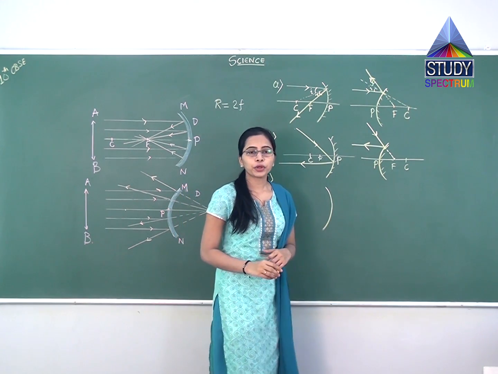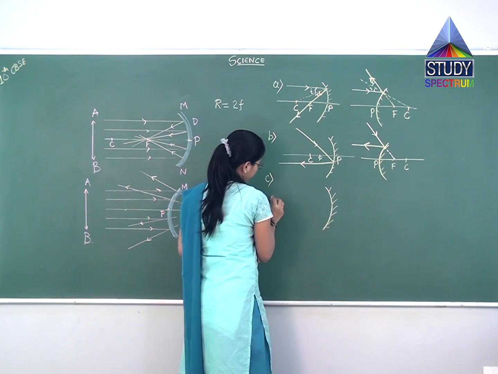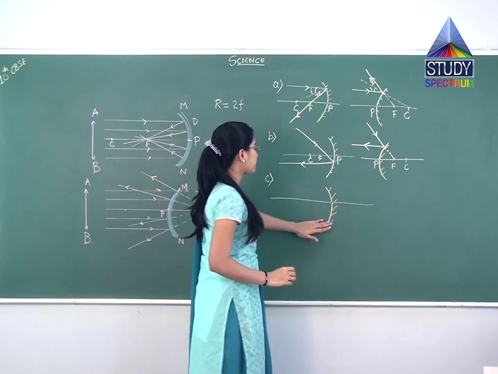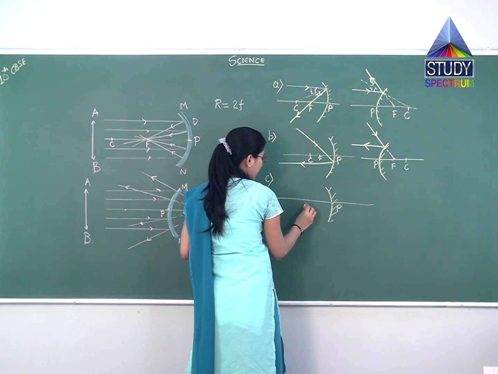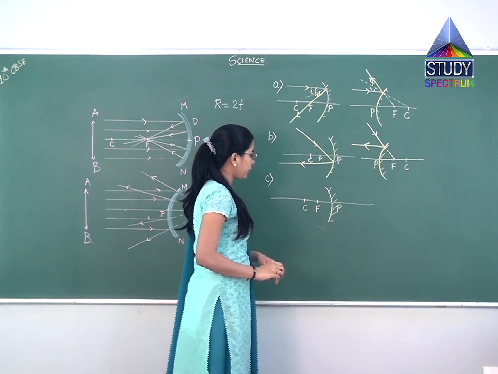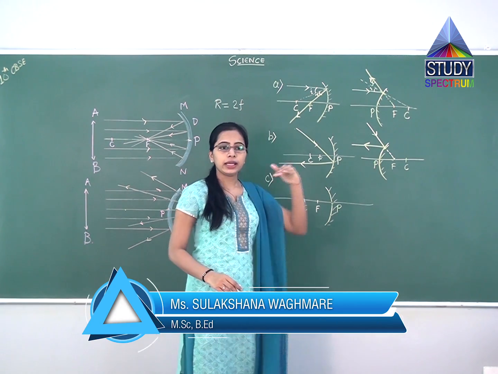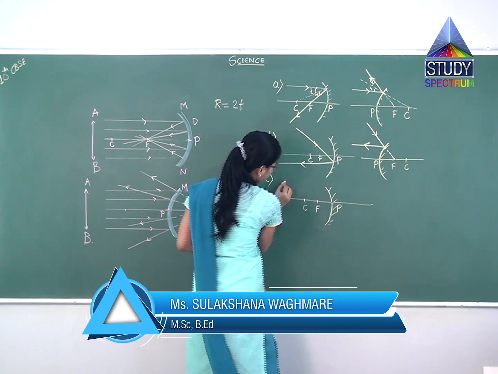this is my concave lens. Suppose this is the principal axis, this is the pole. Now the condition is that, suppose this is your focus and this is the center of curvature. It is given that your incident ray is passing through the center of curvature, like this.